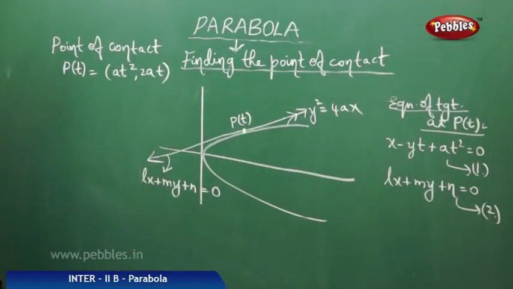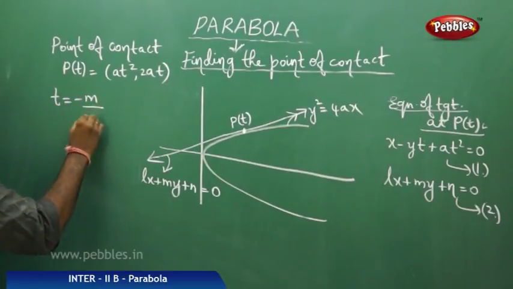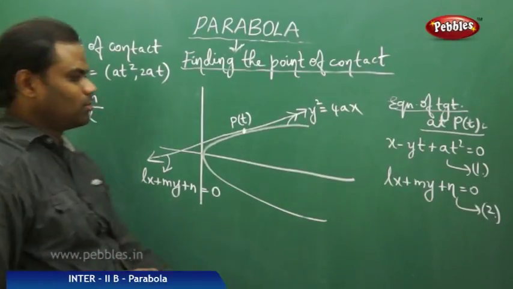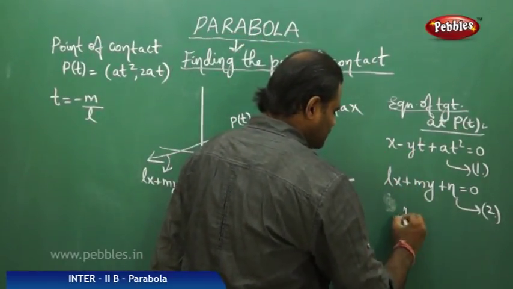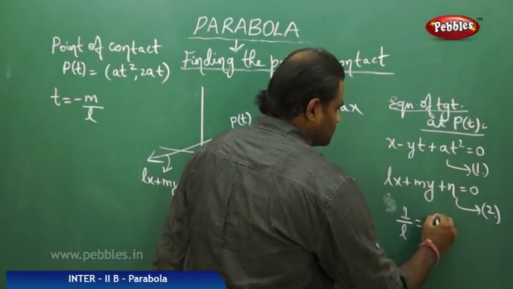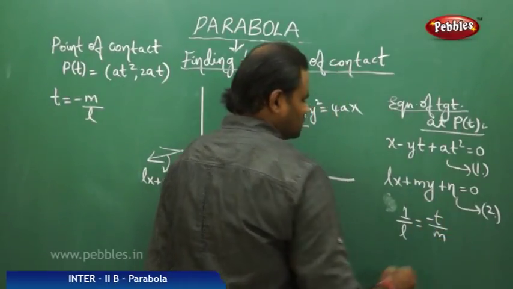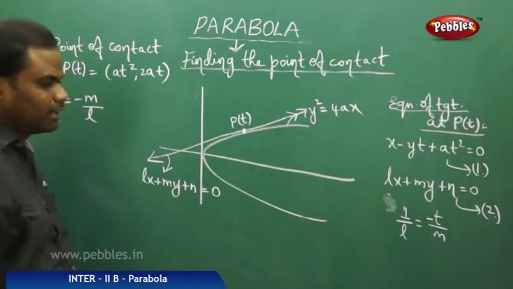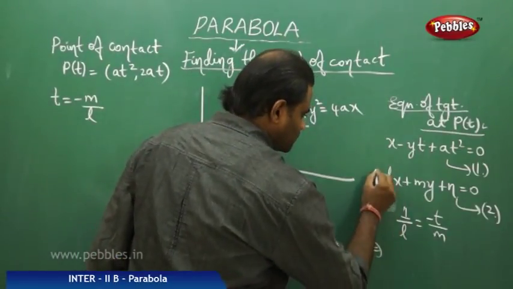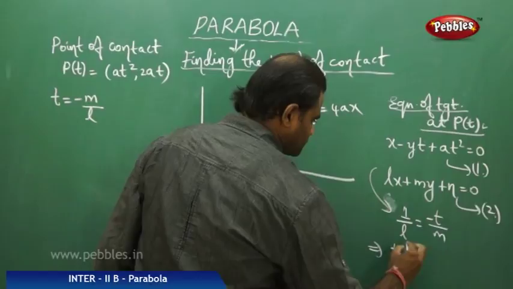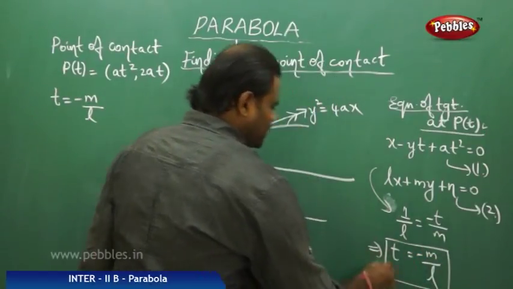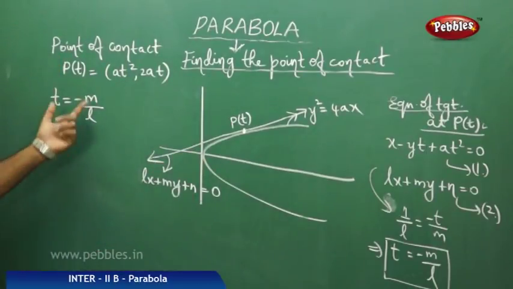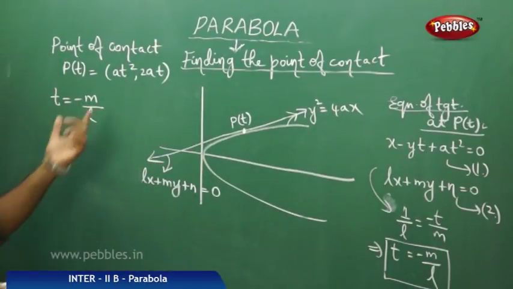But in the previous case we have discussed that t is minus m by L, which we have obtained through the proportion of these two, where L by 1 or 1 by L equals minus t by m. So using the value of t as minus m by L, I just simplify, substituting in the point.